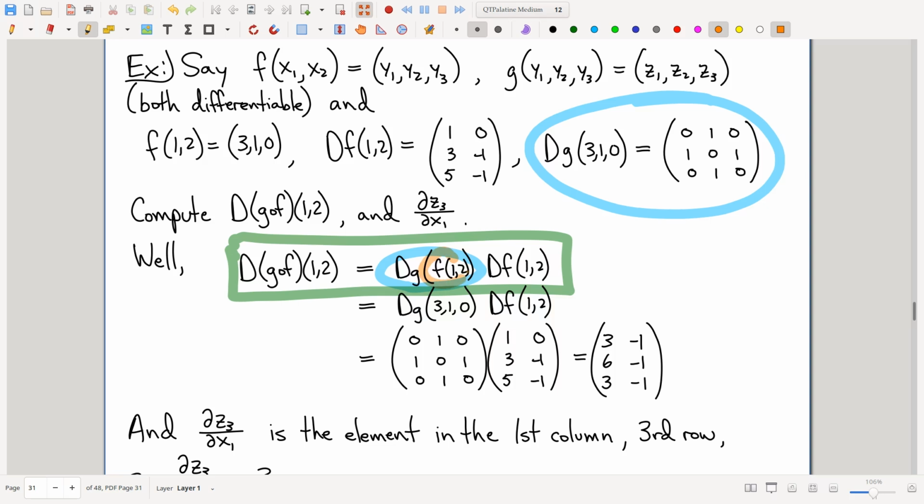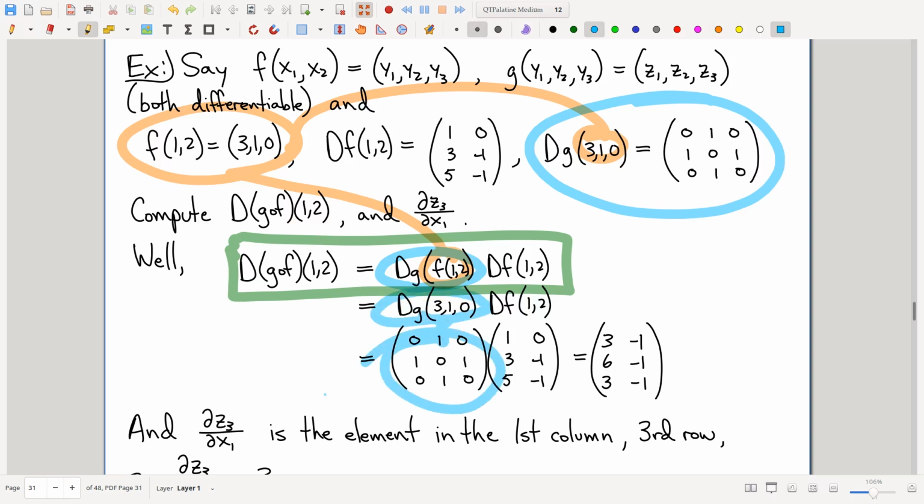Well, thankfully, f of 1, 2 is 3, 1, 0. So, in fact, the one that I have didn't appear to be exactly what I needed right away, but it turns out it is exactly what I need. That dg is indeed what I was given. Everybody on board? And you multiply the matrices.